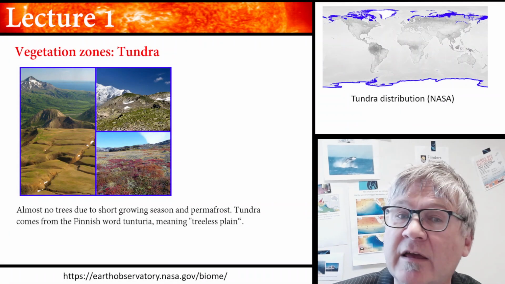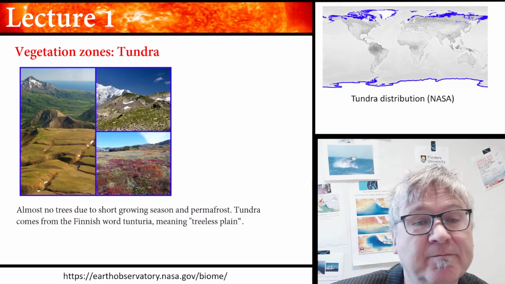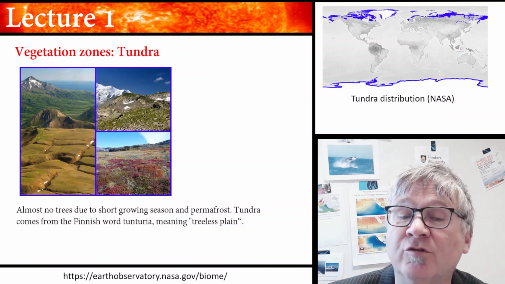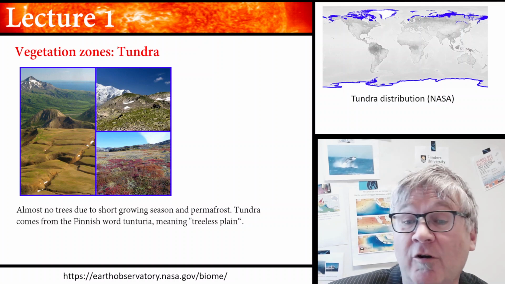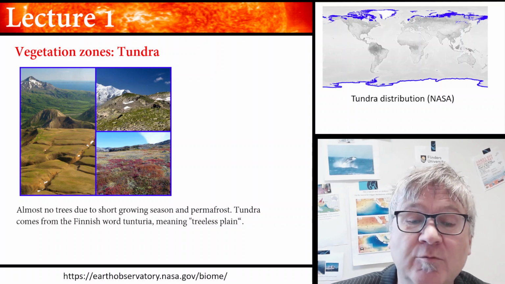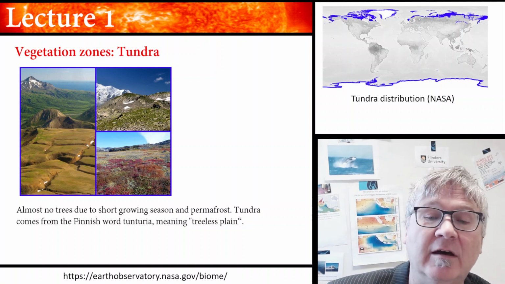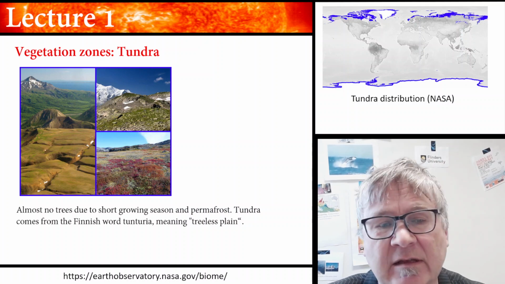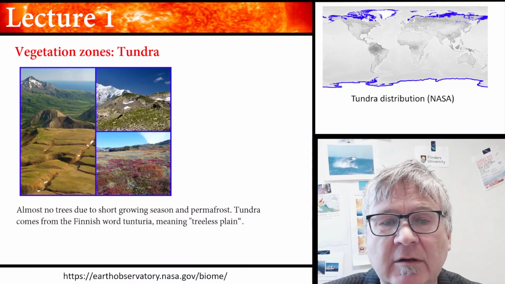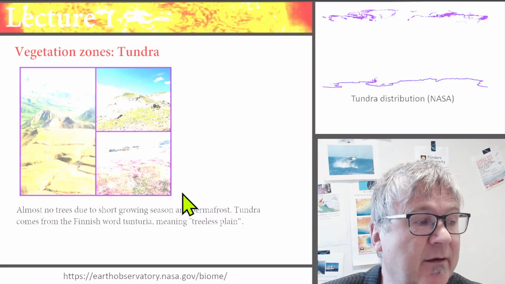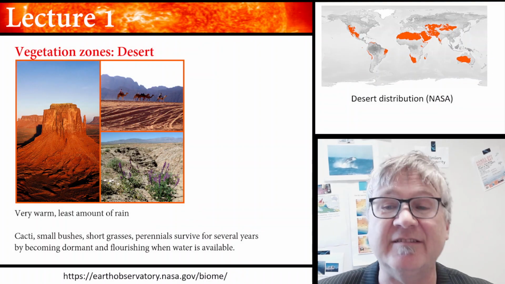Or we actually have 2 more. Is the tundra. Almost no trees due to short growing season and permafrost. Okay? Tundra comes from the Finnish word tunturia, meaning treeless plain. Okay, and that's how it looks like. Okay, very fascinating. And we come to the desert.